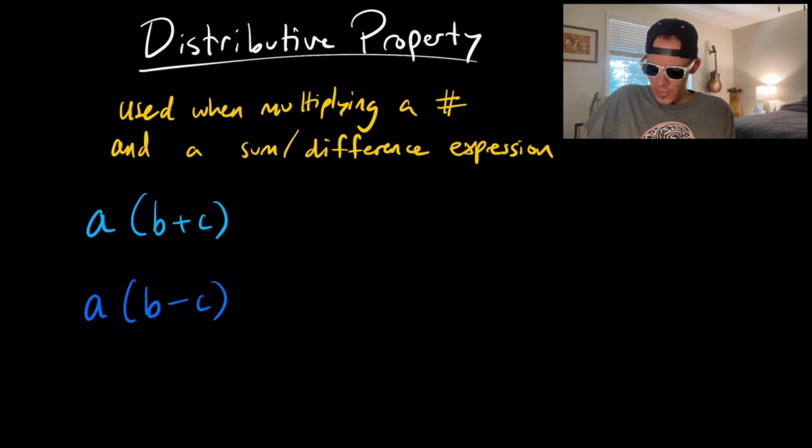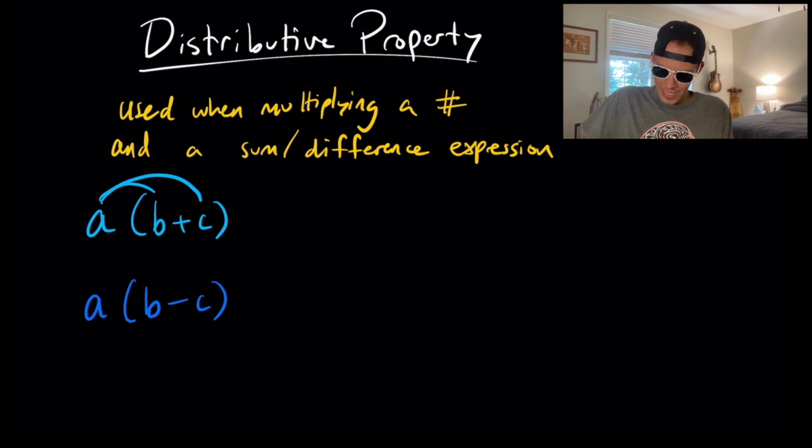And what we're going to do here is we're going to distribute, or we're going to multiply all the terms on the inside of the parentheses by the term on the outside. So oftentimes you'll see people draw these lines from that outside term going into the sum expression. So that's what we'll do here.